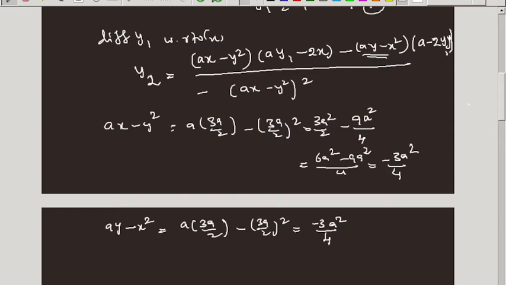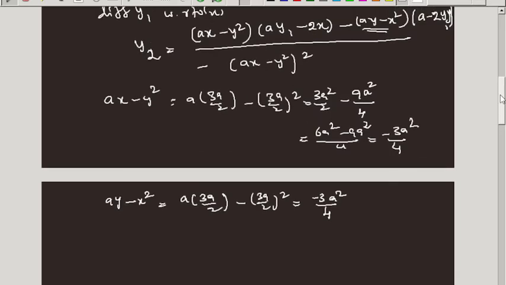Now we substitute this in y2. So we substitute carefully. y2 equals minus 3a square dividing by 4 into a into y1, which is minus 1, minus 2 times 3a dividing by 2.